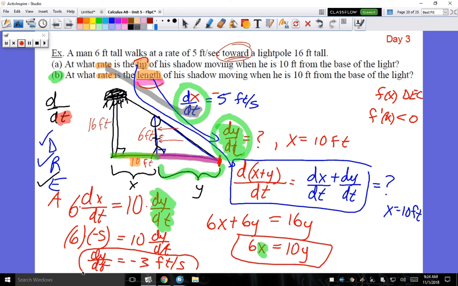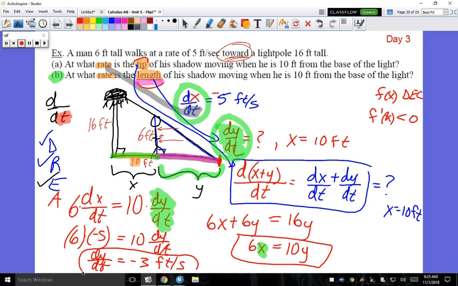Now listen to the way I'm going to say this, and you can go back and watch the video if you need to. This is the way you're going to write it out as an equation. If I asked you to write it out in a sentence, there are many different ways that you could do that. One way that you could say is y is changing at a rate of negative 3 feet per second.